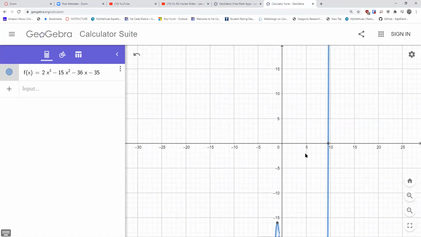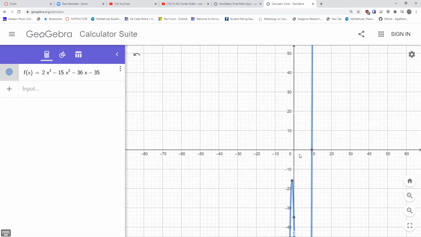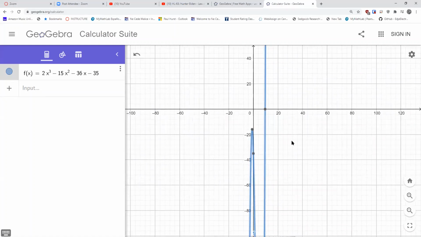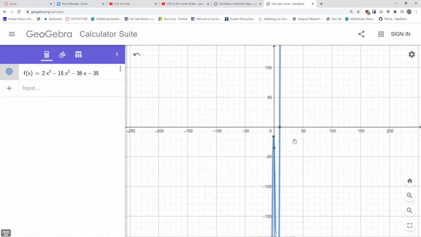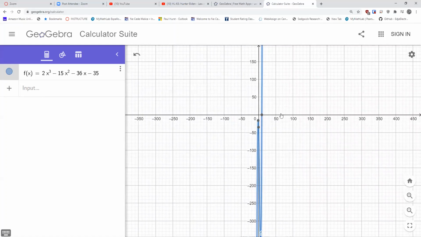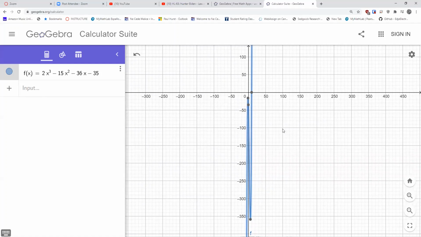But if you zoom out, basically what they're asking for is, in the x direction, to go from just -13 to +13, so just a small area here.